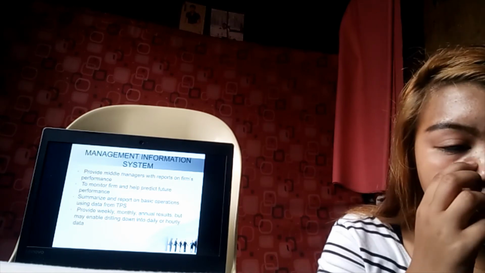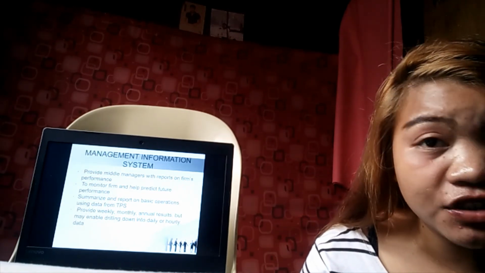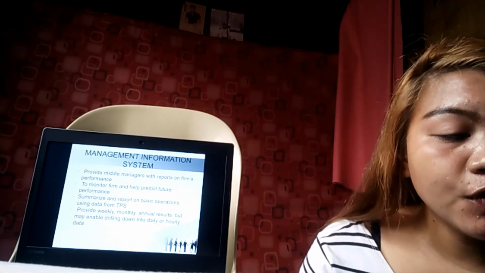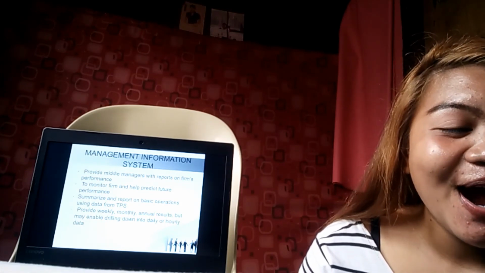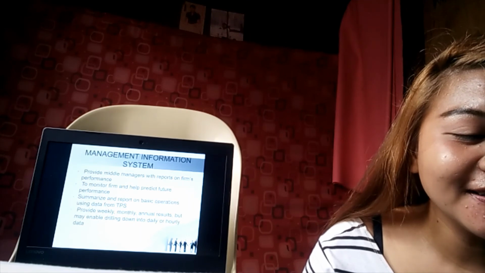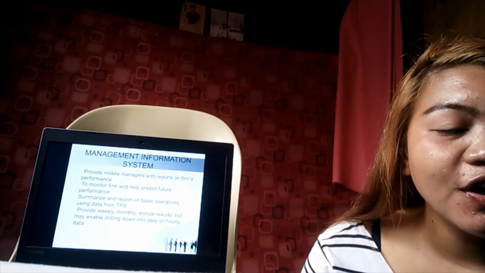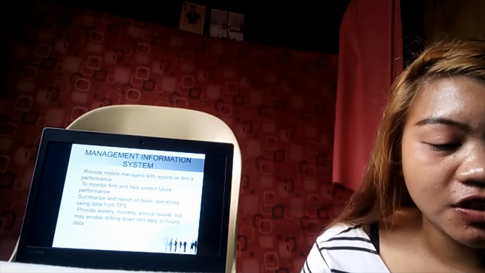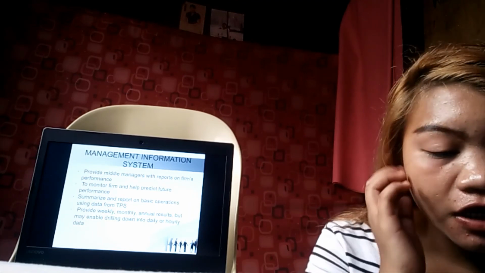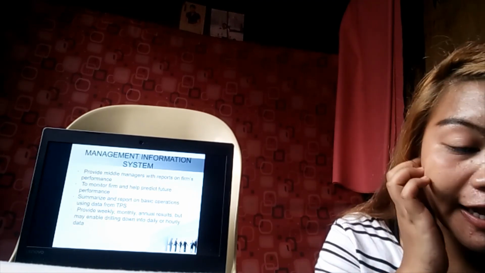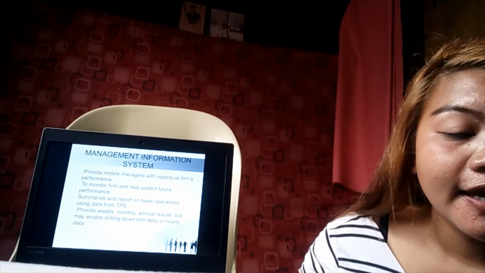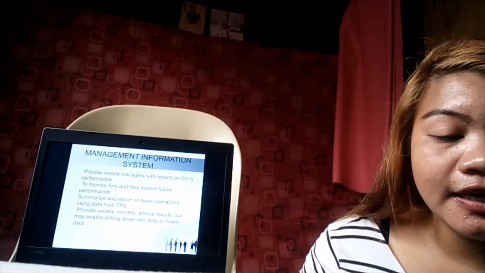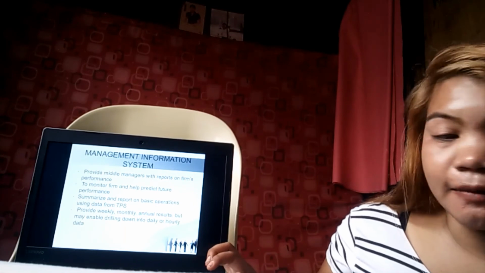Another explanation about management information system is a computer system consisting of hardware and software that serves as the backbone of an organization's operations. An MIS gathers data from multiple online systems, analyzes the information, and reports data to aid in management decision making.